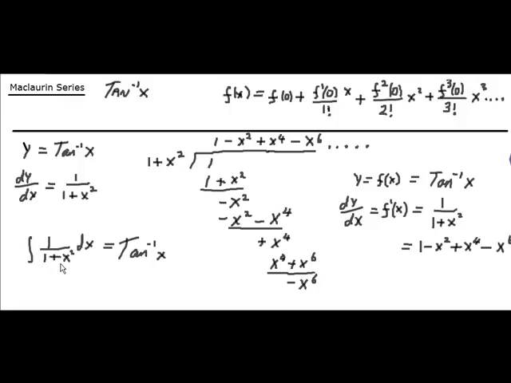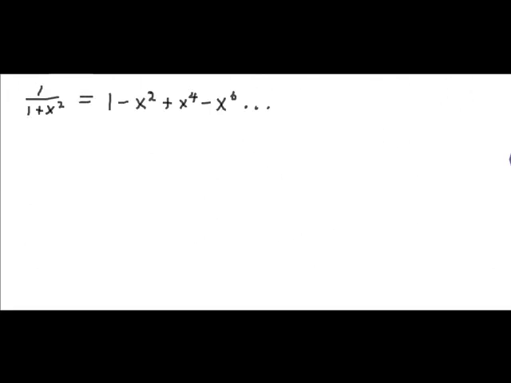And that's the result we're going to use next. We have a formula now for 1 over 1 plus x squared, but if we integrate that formula, we should get the answer for inverse tan of x. So if we integrate this, that's obviously the same as integrating the right hand side, which is now a long series, an infinite series.